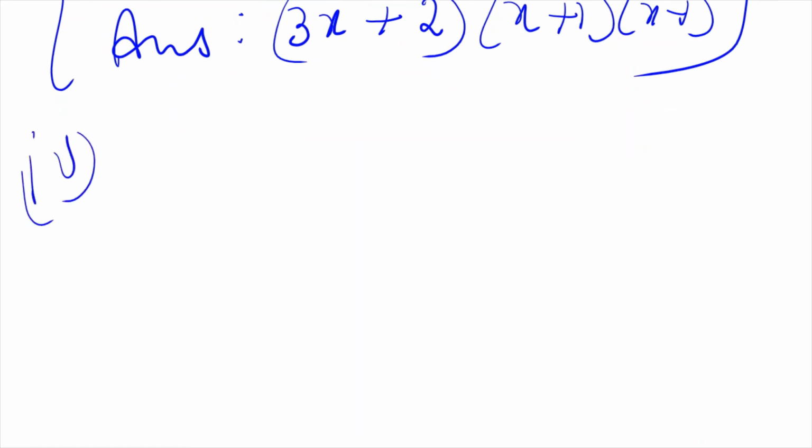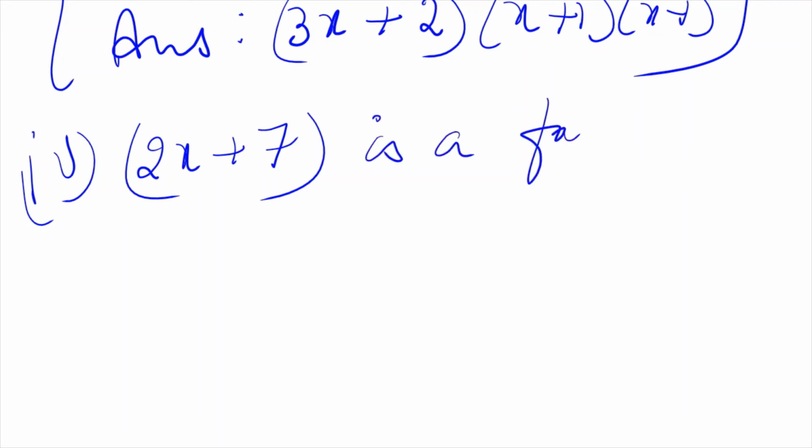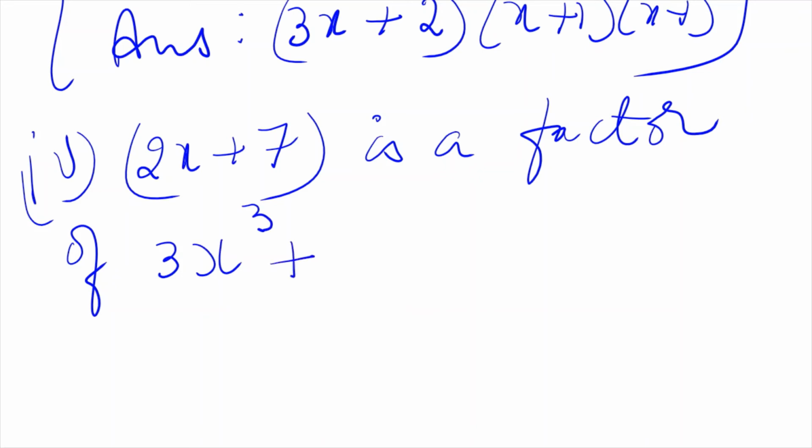Then the fourth sub question, 2x plus 7 is a factor of 3x cube plus 2x square minus 3x minus 2.